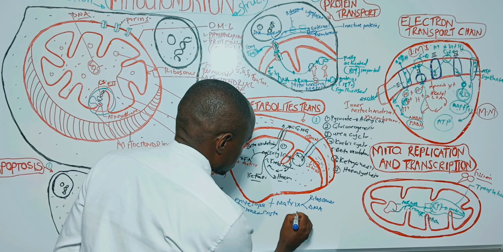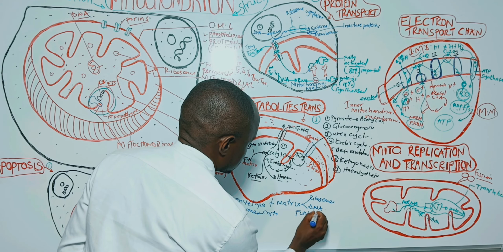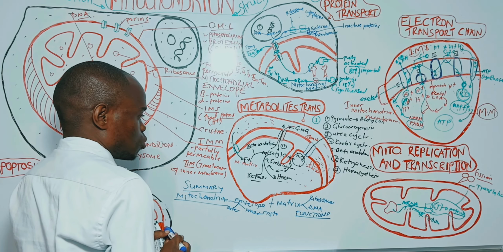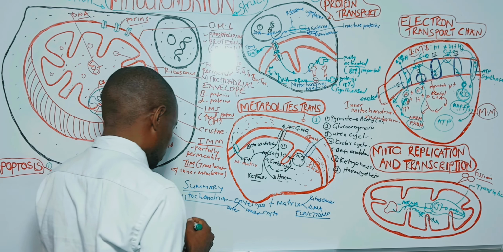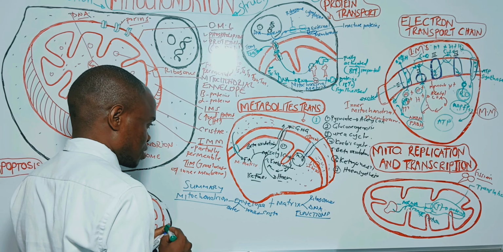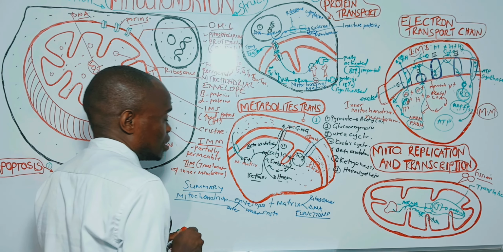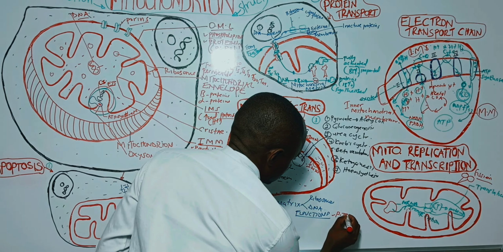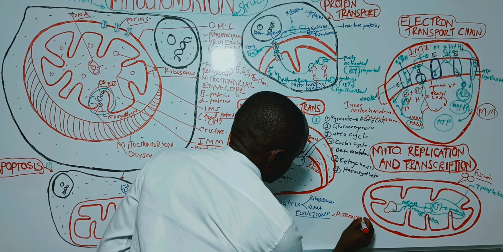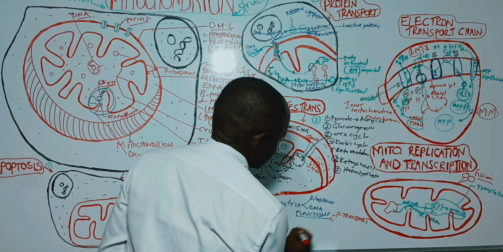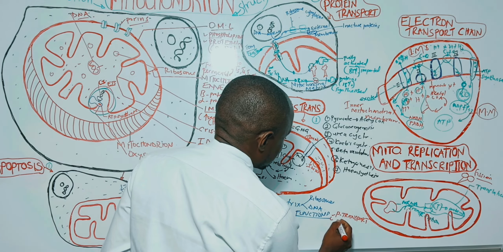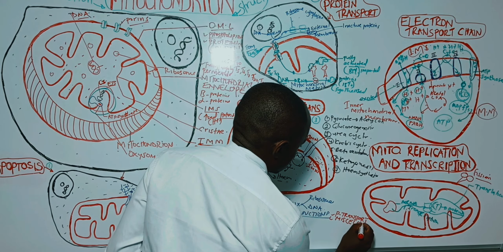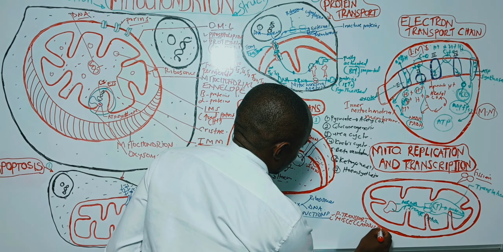Then we have seen the functions of the mitochondria. We said one, it is for protein transport. Next, it is also for miscellaneous transport.